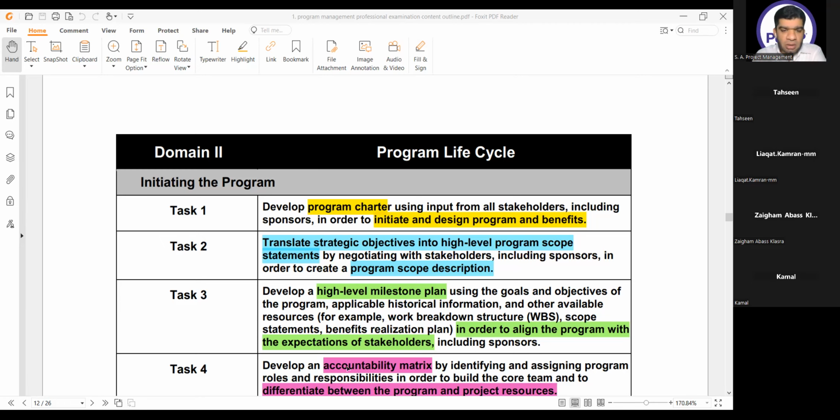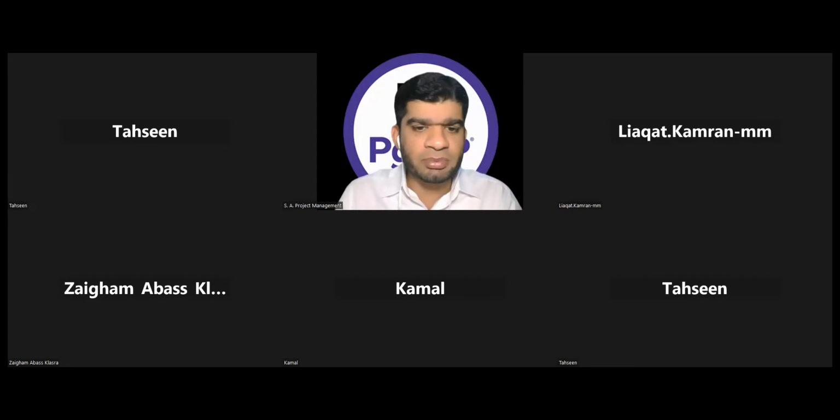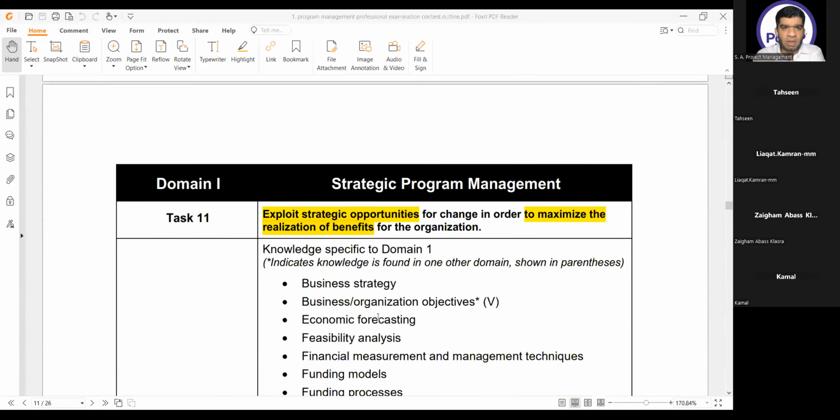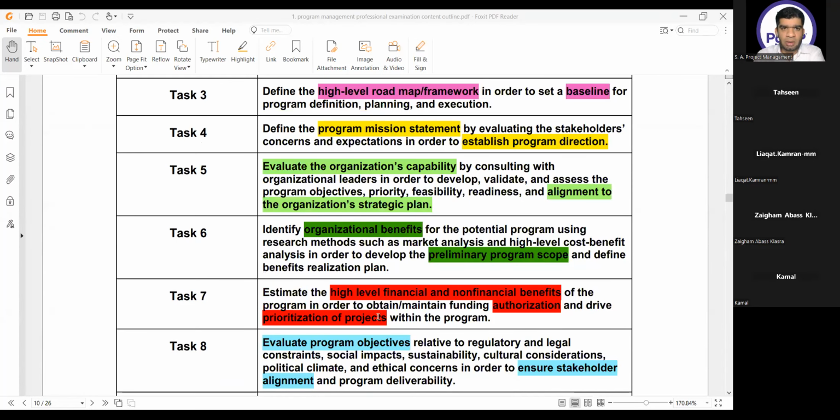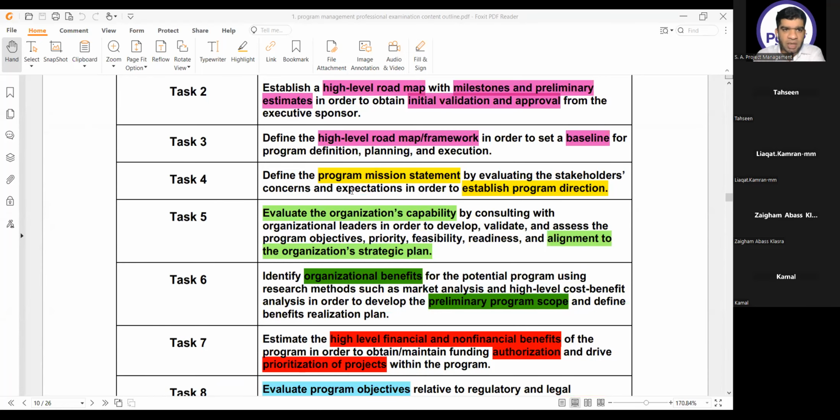For example, you gave answer B. Okay, let me show you. The answer B was program mission statement, and Kamal Sahab gave option D, initial program statement. So if I go up, I will show you one thing just to clarify. What is program mission statement doing? Can you read task 4?